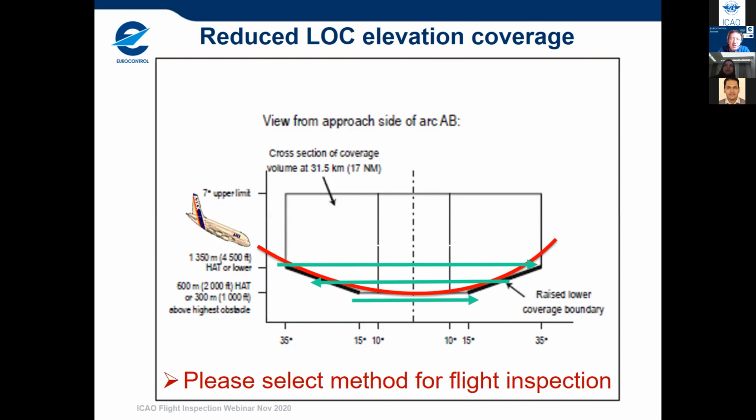I was also involved in this update here on ILS coverage requirements. You may be aware that the edges of the coverage can be raised. This was really done to enable super wide aperture localizer arrays that focus a lot of energy on the center line and therefore have a bit of a struggle to provide good coverage all the way at the far out off-angle edges of the localizer coverage.